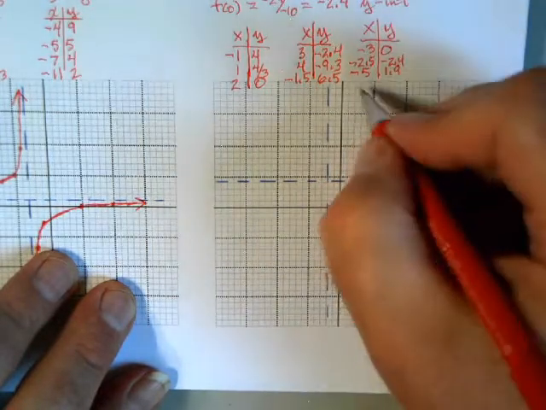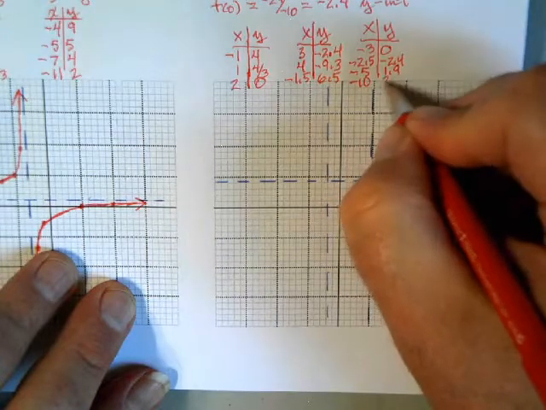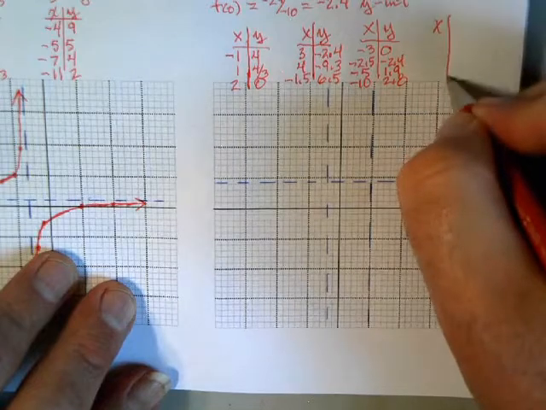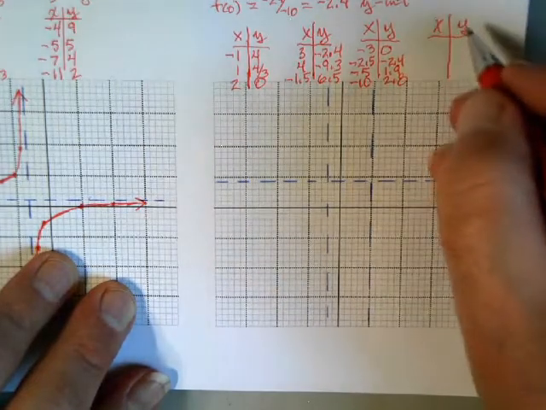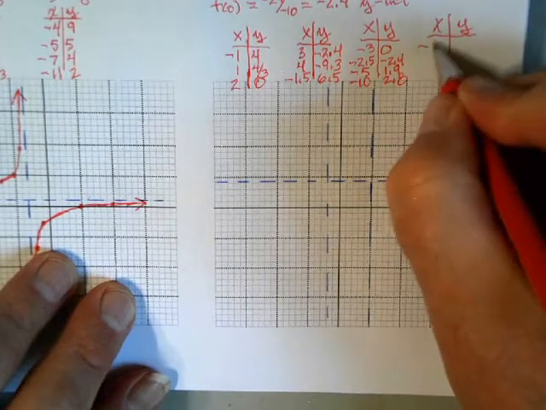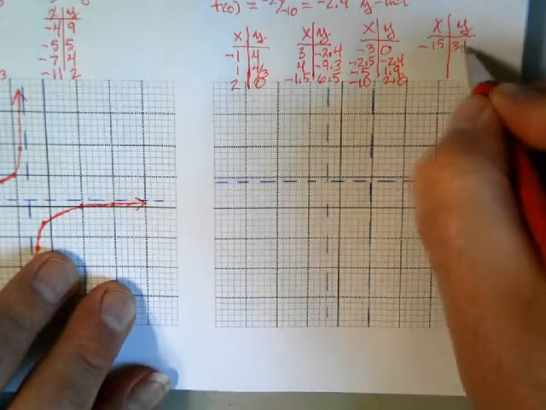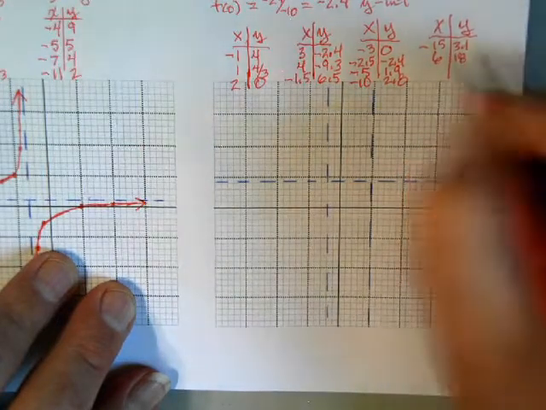And just a couple more. Not every graph you do will have this many parts. Let's see. Negative 15 is 3.1. 6 gives me 18. 10 gives me 29. 7 gives me 11.